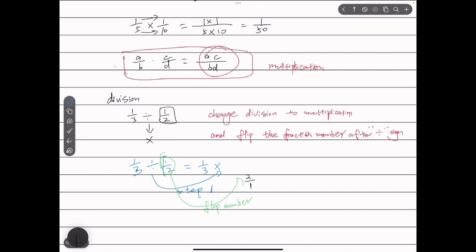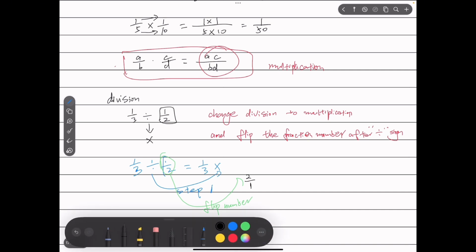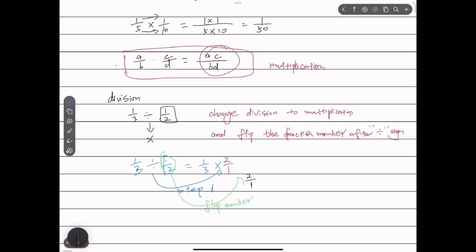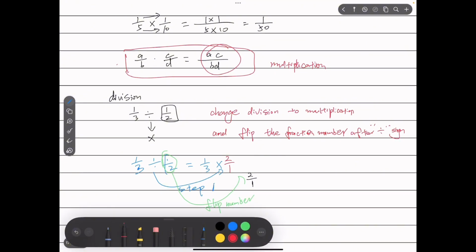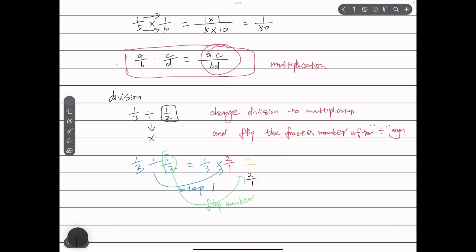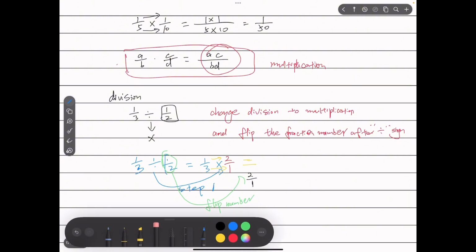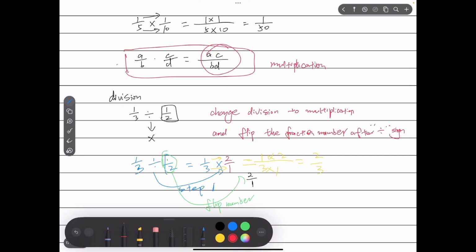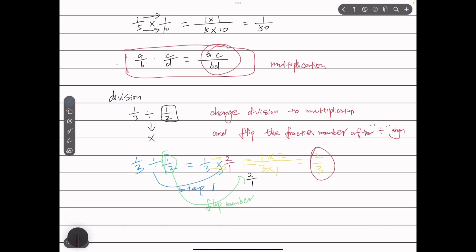So it will be 2 over 1. Then we do the same thing as the multiplication, bottom times bottom, top times top. 3 times 1, 1 times 2, that will give us 2 over 3. So that would be our final result.